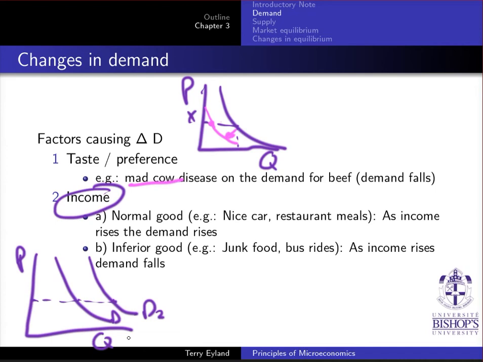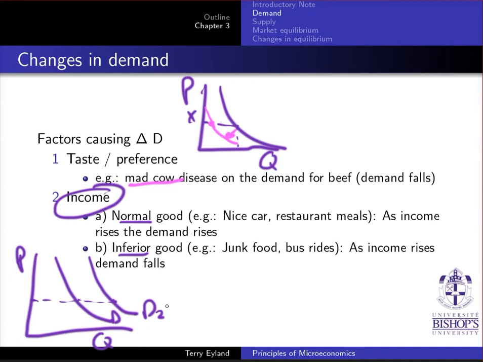And as the economy does well, some people might reduce their consumption of other goods. So the very important thing to note with income is it's not true that as you make more money, you buy more of all goods. There are normal goods, but there are also inferior goods. Inferior goods are goods for which, as your income rises, your demand falls.